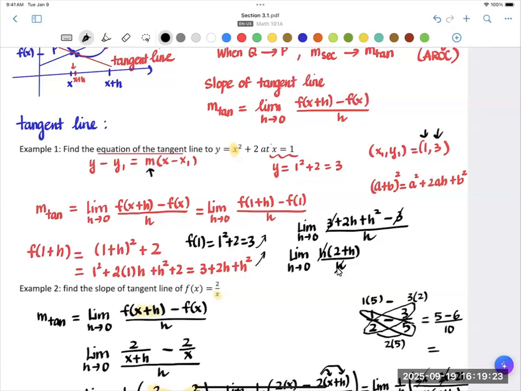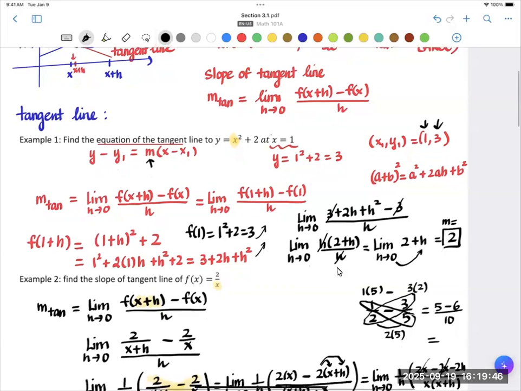We will end up with the limit as h approaches 0 of 2 plus h, and we put in h equals 0. That will give us the limit equal to 2. So the slope of the tangent line is equal to 2. Our m is equal to 2.